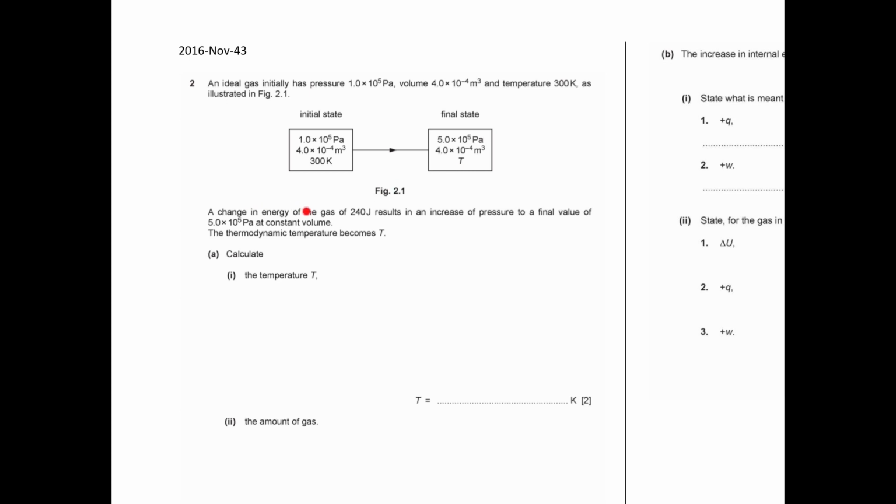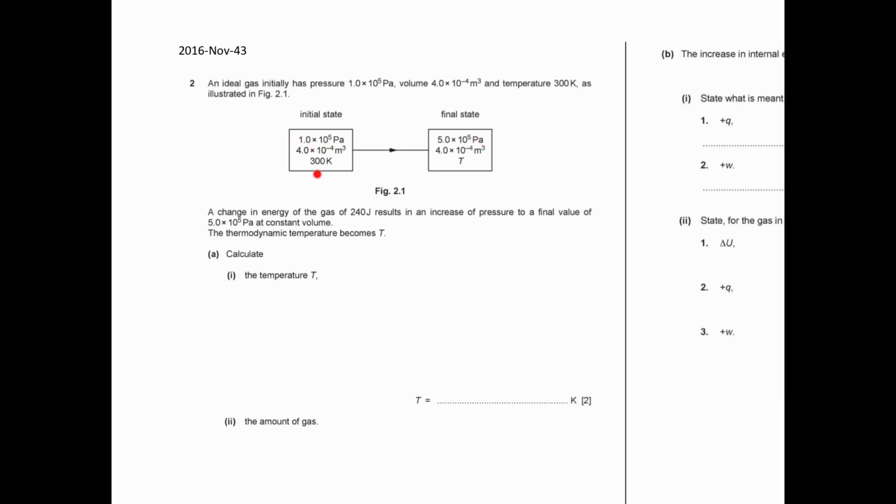A change in energy of the gas of 240 joule results in an increase of pressure to a final value of 5 times 10 power 5 at constant volume. So, for example, in what situation will the pressure increase?